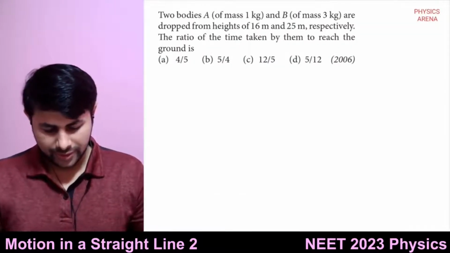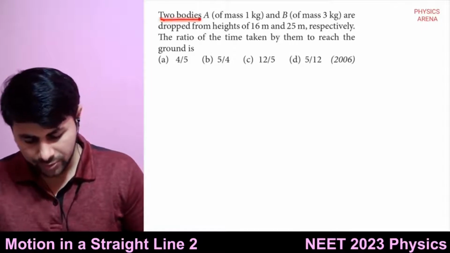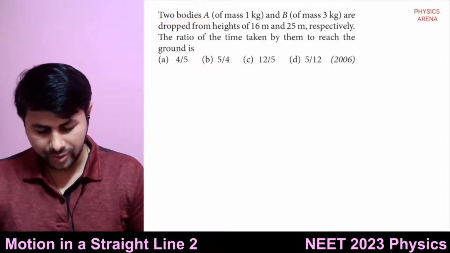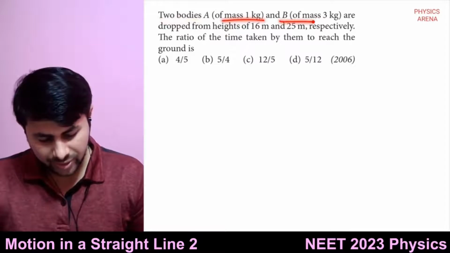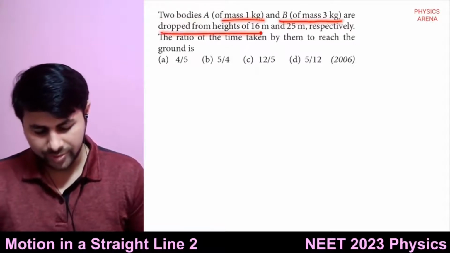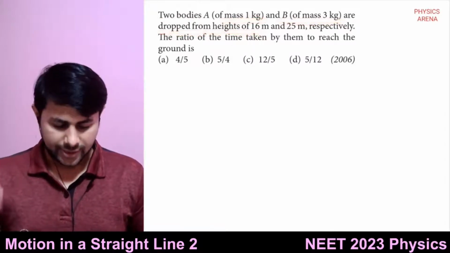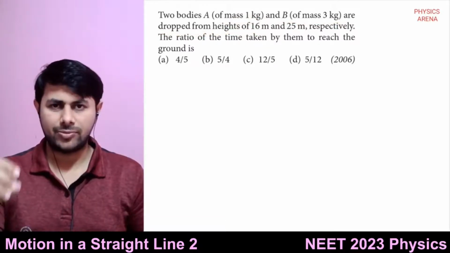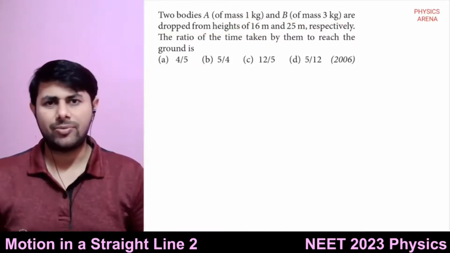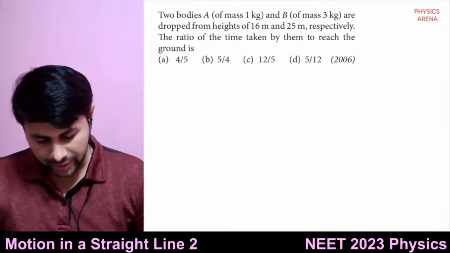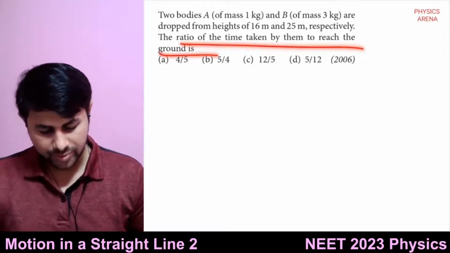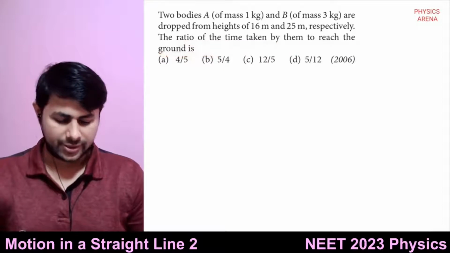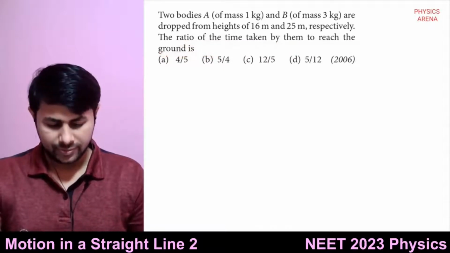So let's solve another question. Two bodies, A of mass 1 kg and B of mass 3 kg, are dropped from heights of 16 meters and 25 meters respectively. One is dropped from 16 meters, another one is dropped from 25 meters. The ratio of time taken by them to reach the ground is, this is simple.